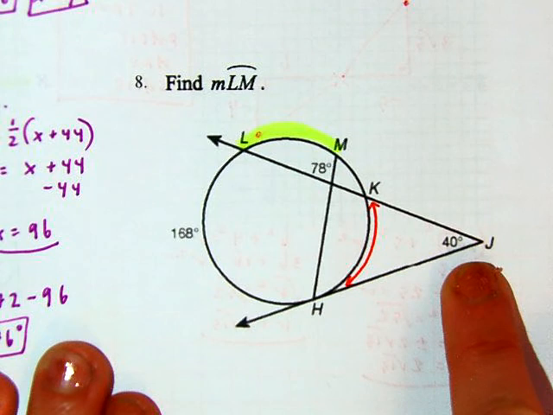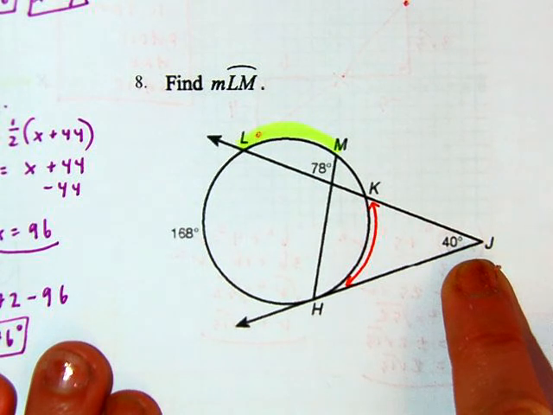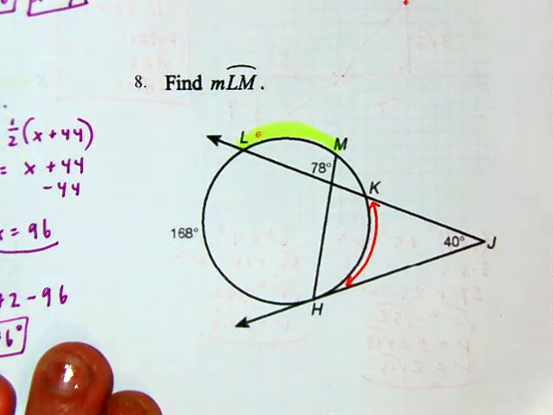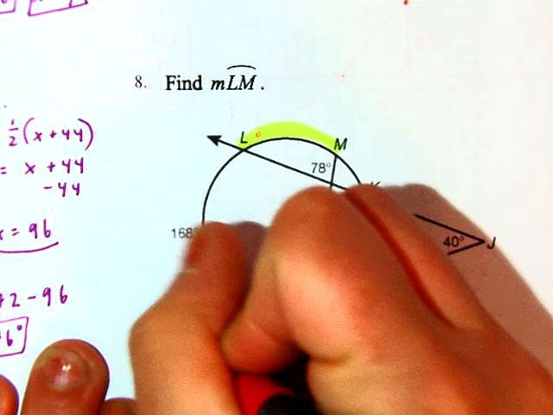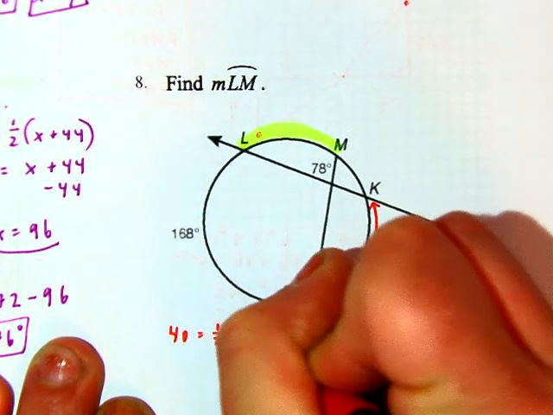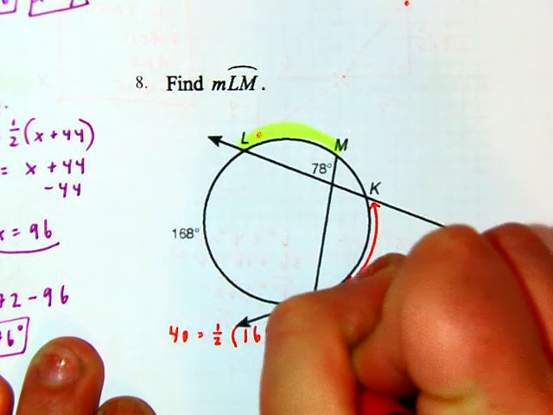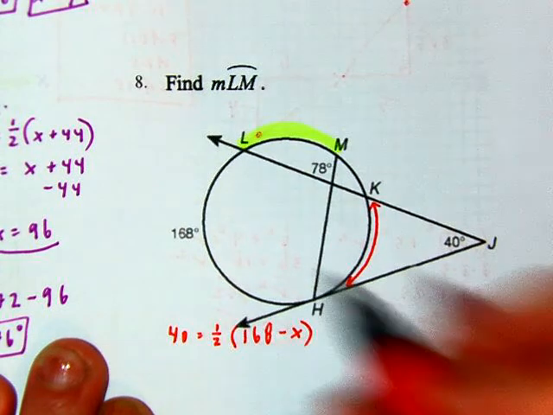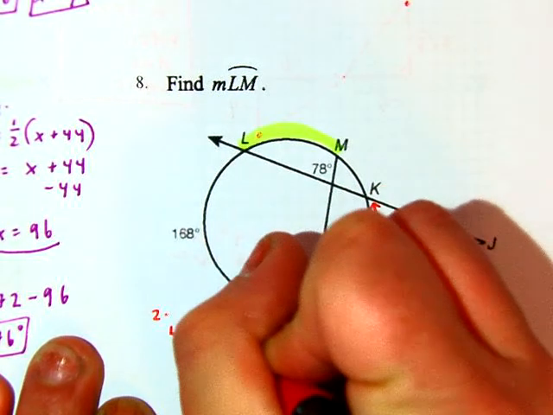Vertex is outside. I know that the angle is going to be 1/2 the difference between those two arcs. So I know that 40 is going to equal half of 168 minus x. Okay, double each side, right? Clear the fraction.